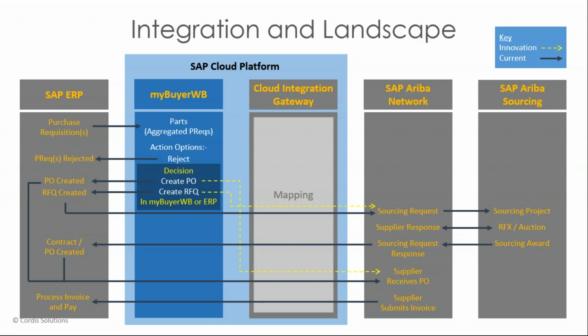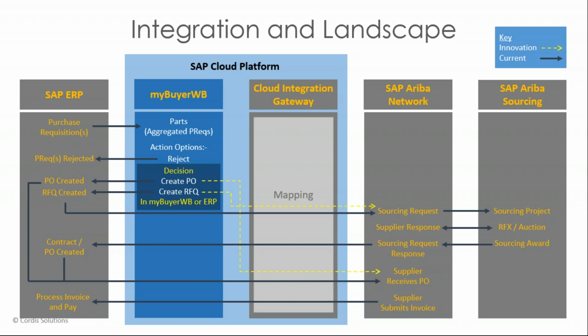You can see here we are looking at a couple of innovations to link with SAP Ariba Network. So in the future, we're looking at pushing things directly into Ariba. But at the moment, supported functionality would be to create a purchase order that would go across the Ariba network and out to a supplier.